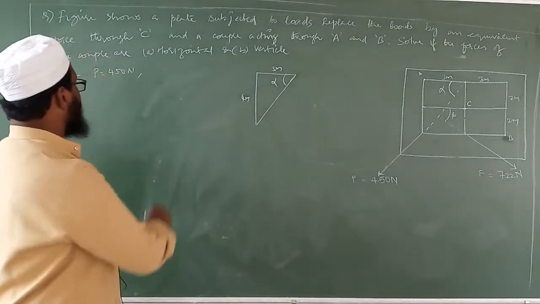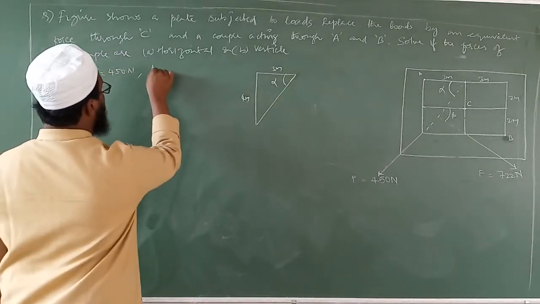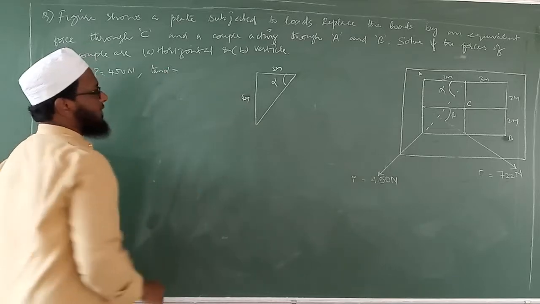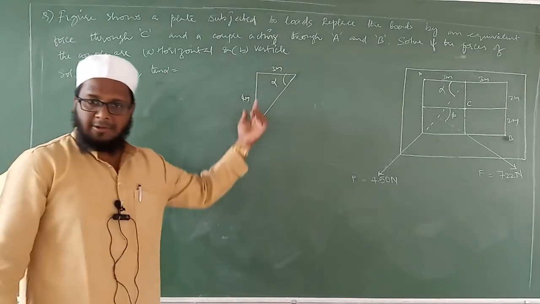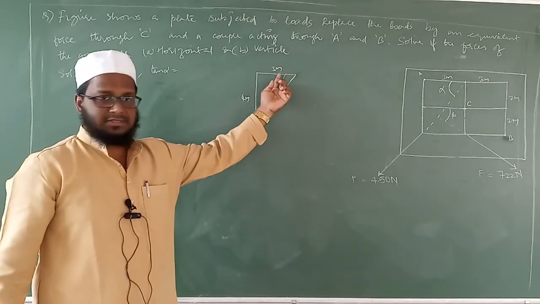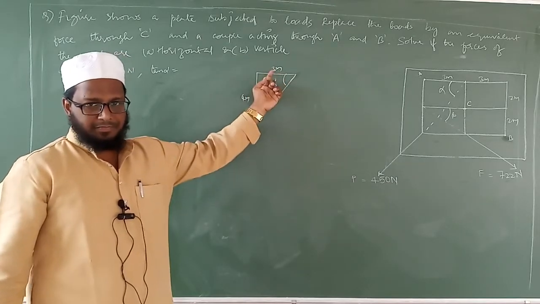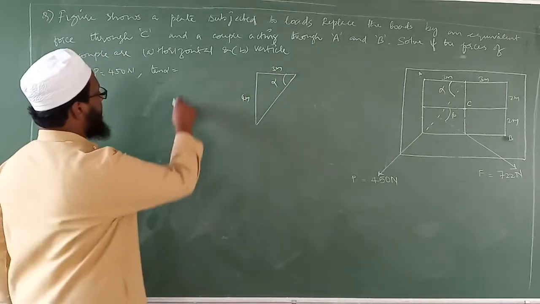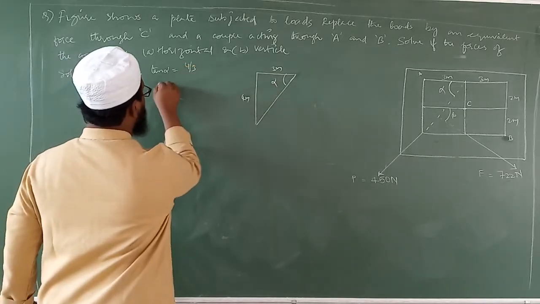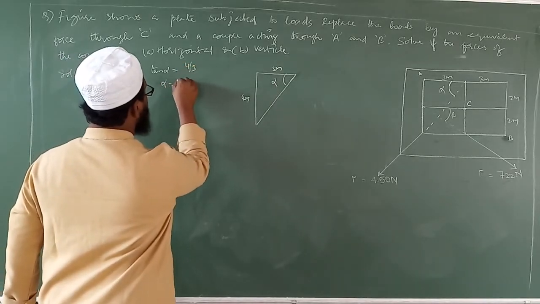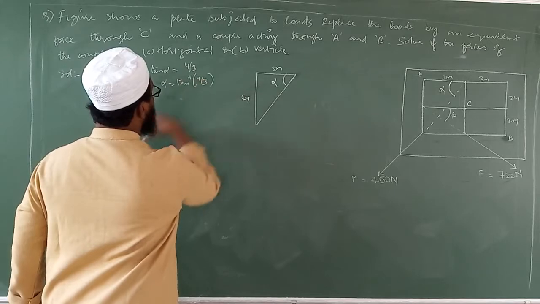Now what is tan alpha? Tan alpha is height by base of the triangle, right? This is the base. So height by base is 4 by 3. So tan alpha is equal to 4 by 3, so alpha is equal to tan inverse of 4 by 3.